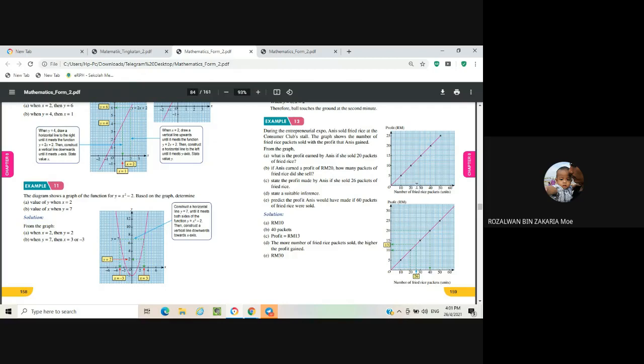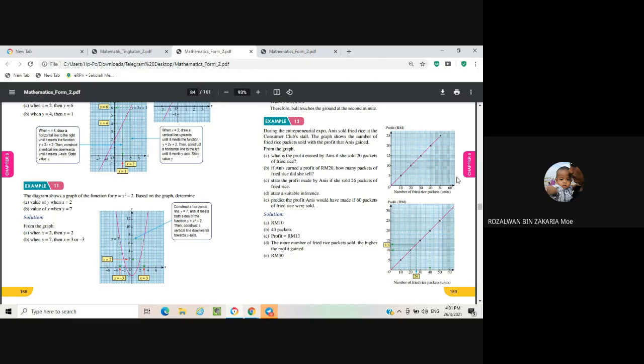From 26 here you have to draw a vertical dotted straight line until it reaches the graph. Then draw another horizontal dotted straight line until it reaches the profit here. Then you will get the answer, which is RM13.